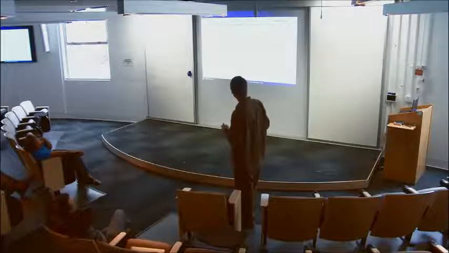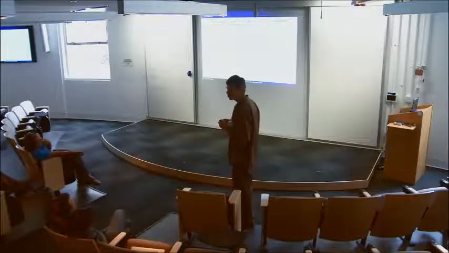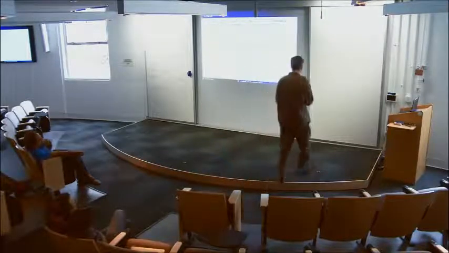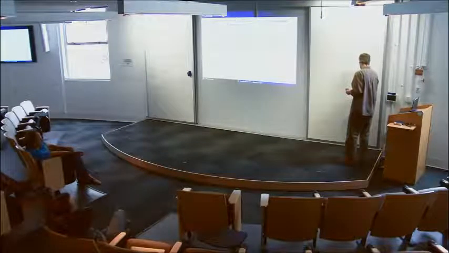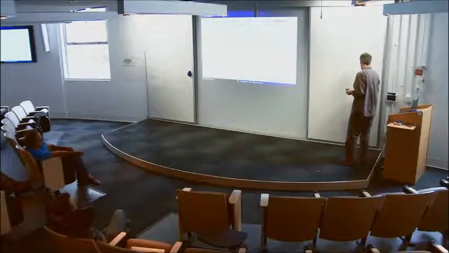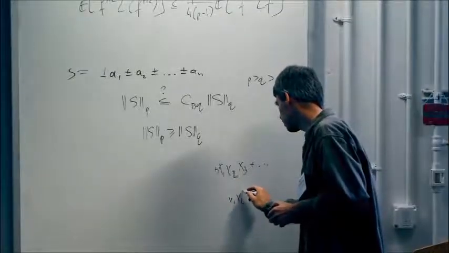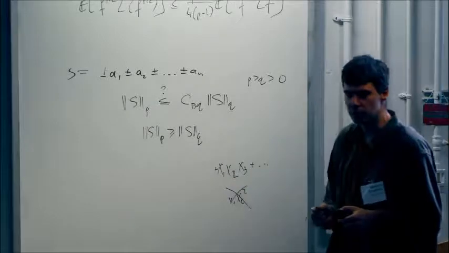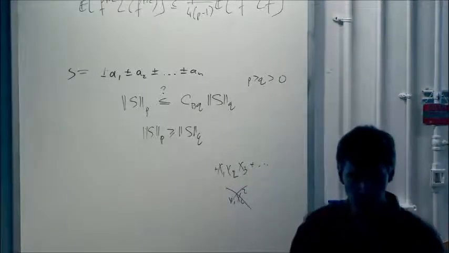So this will be a polynomial such that the terms don't appear in power higher than 2. So, for example, x1, x2, x3 may appear in this polynomial with non-zero coefficient, but we don't want terms like x1, x2 squared. This is forbidden. Okay? We don't want powers higher than 1 to appear.